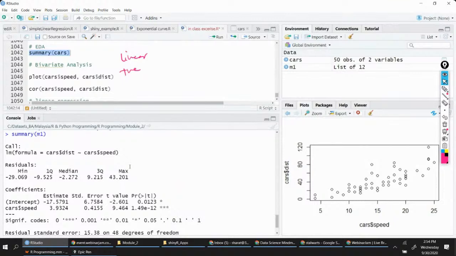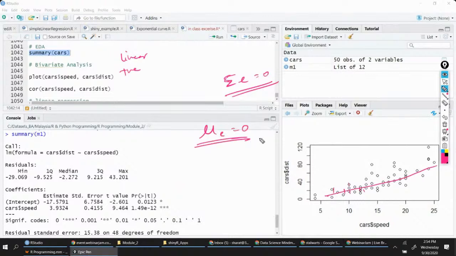If sum of errors is equal to 0, because you're trying to find out a line which is passing through the data in such a way that it is as close as possible to all the data points, right? So if the sum of these deviations that we are getting here is equal to 0, then what will be the average of errors? That will also be 0, right?